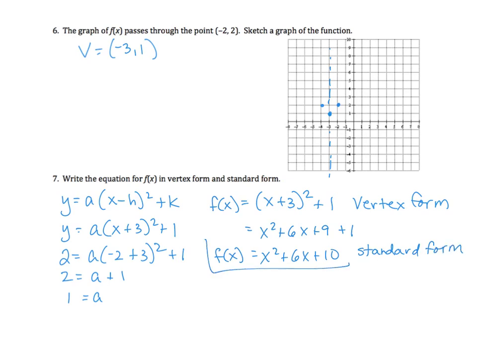And now, looking at standard form, I know that my y-intercept has to be 10, so I can add that to my graph. And if I'm 3 away on the right, I have to be 3 away on the left. So now we can draw in that parabola.